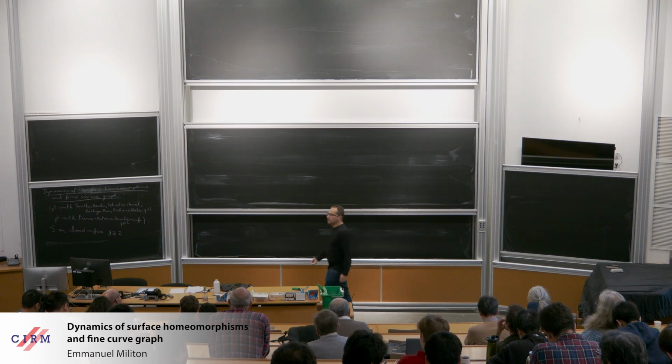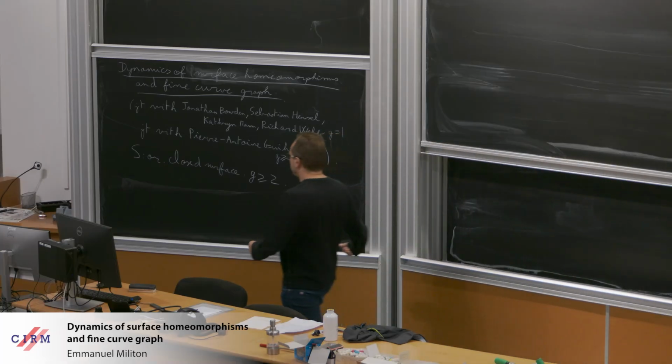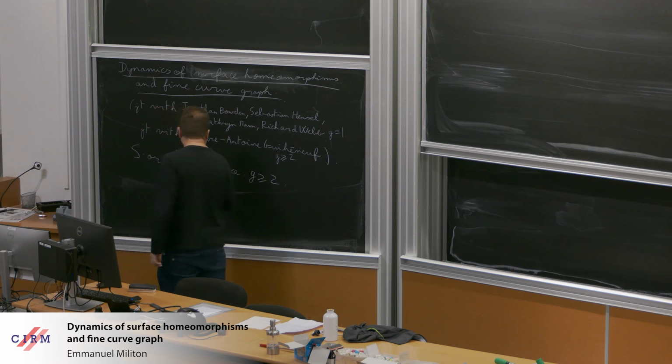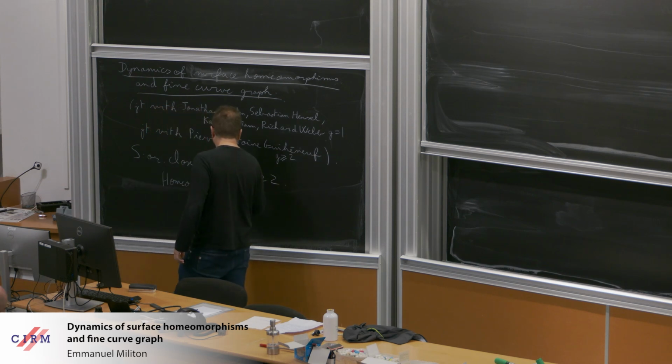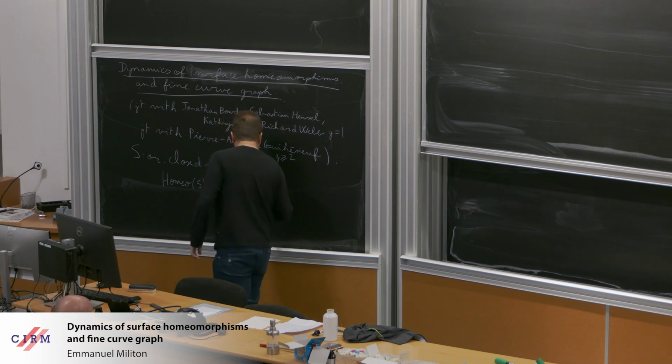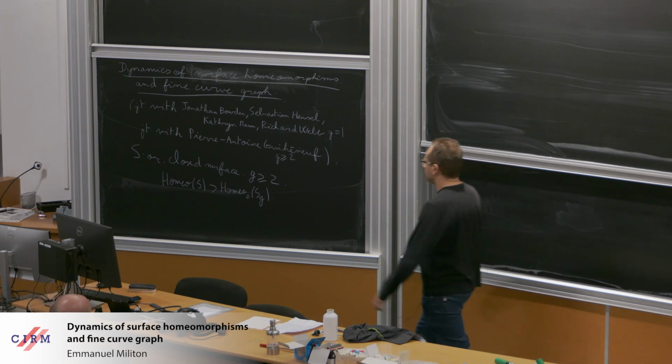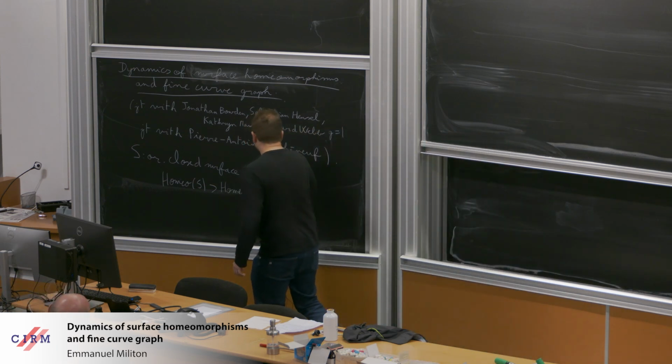And as I'm a dynamicist, the group I'm interested in is a group of homeomorphisms of S, and more specially a normal subgroup of it, which is just the connected component of the identity in this group.